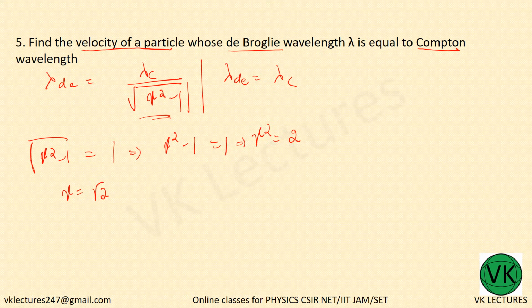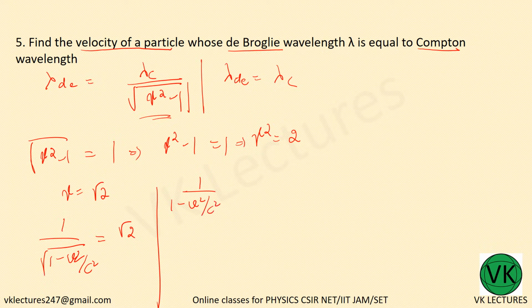Now what is gamma? Gamma is nothing but 1 by under root 1 minus v square divided by c square, which is equal to root 2. Again, you can take gamma square. So 1 divided by 1 minus v square divided by c square equals 2. So 1 is equal to 2 minus 2 times v square divided by c square.